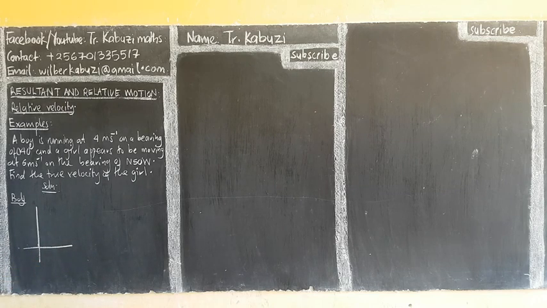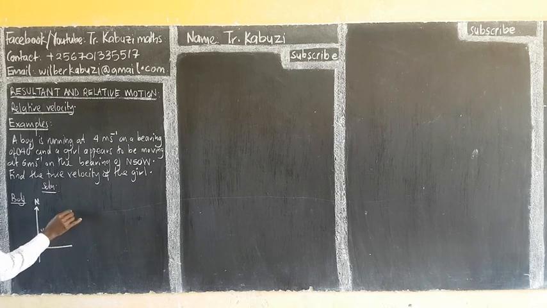So he's running, but they're giving us a bearing of 40 degrees. So this is our north line, and now this is going to be the speed at which he is running. So we always need the velocity in vector form.